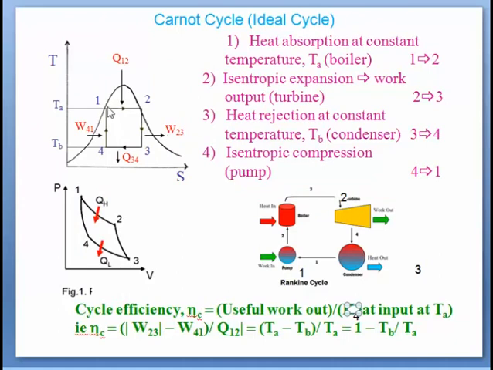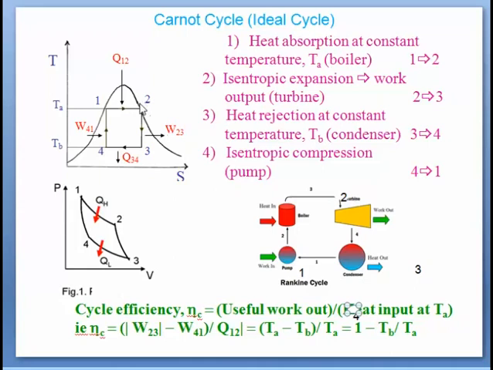So point 1 condition is dry saturated liquid, and 2 is dry saturated vapor. So the boiler operation, basically heat addition, is only in the wet zone. As heat addition is here at constant temperature, only latent heat can be absorbed. Total expansion through the turbine is in the wet regime.